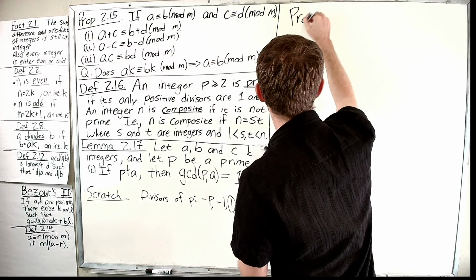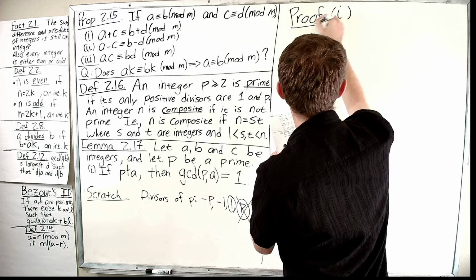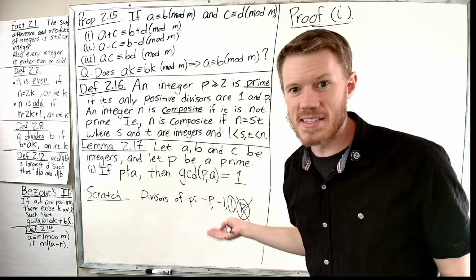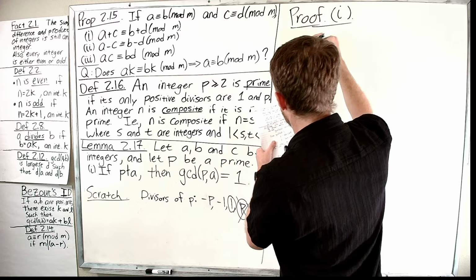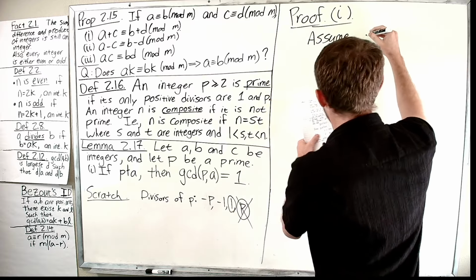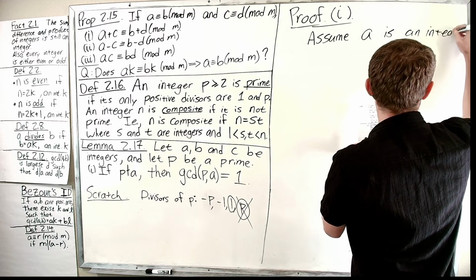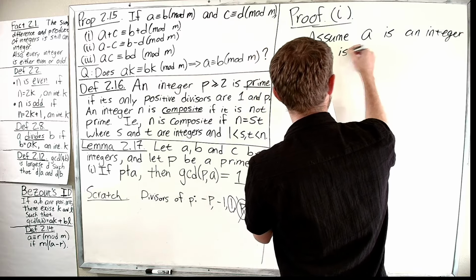All right, so proof. This is proving part 1. This idea is basically what we're going to be using to prove this. So we're going to say, assume a is an integer and p is prime.